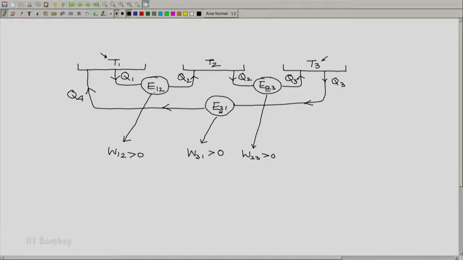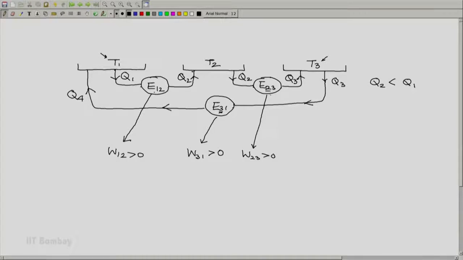So the heat flow rates are Q1 from T1 to E12, Q2 from E12 to T2 and then to E23, and Q3 from E23 to T3 and then to E31, and finally Q4 from E31 to the reservoir at T1. Now notice that W12 is positive, E12 being an engine, so we should have Q2 less than Q1.